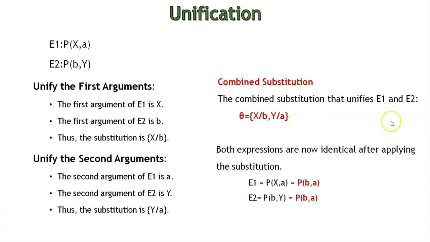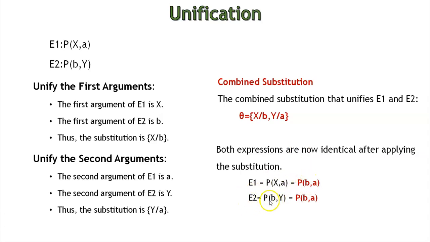Now, both the expressions seem to be identical after applying the substitution that we found during the unification process. The actual E1 is P of x comma a. X's substituted value is b, so instead of x, I can put b.